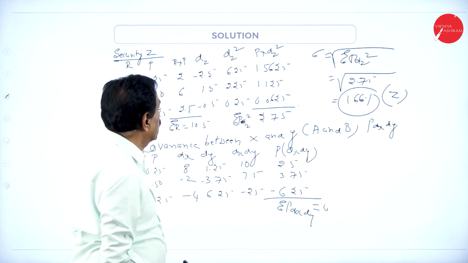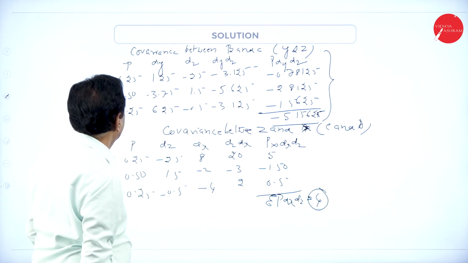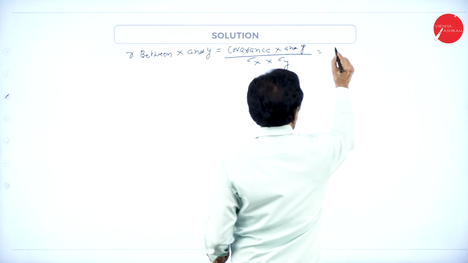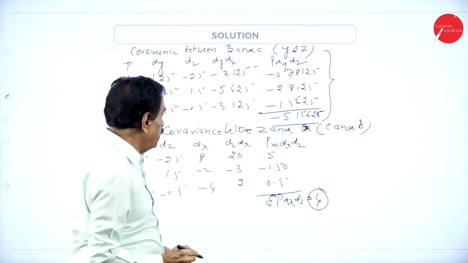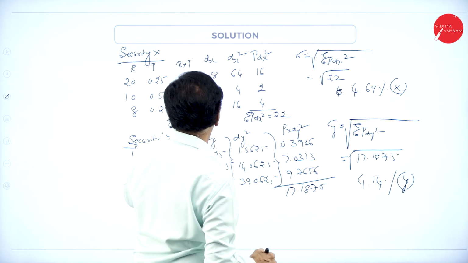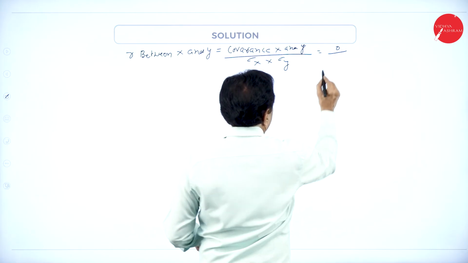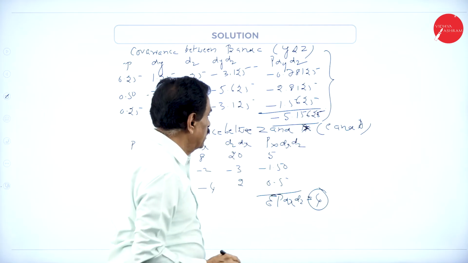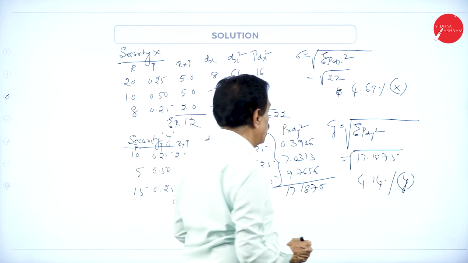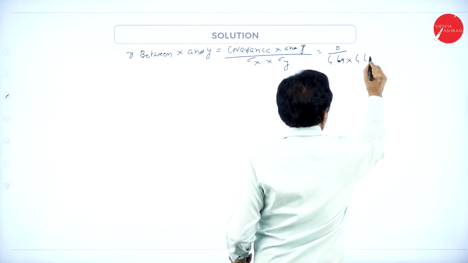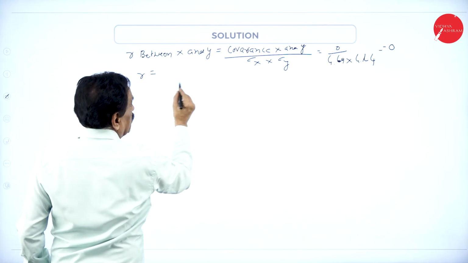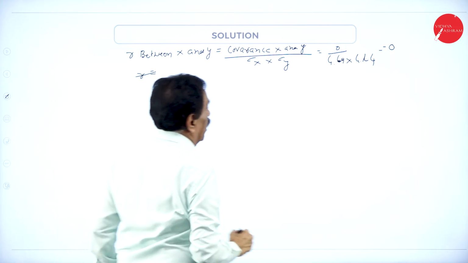Covariance of x and y is 0, divided by standard deviation of x, which is 4.69, into standard deviation of y, 4.14, is equal to 0. So r becomes 0 now.